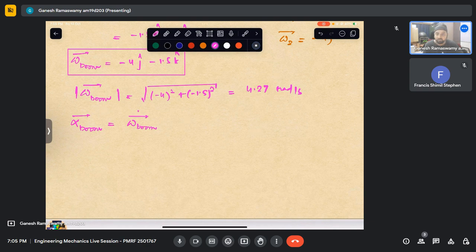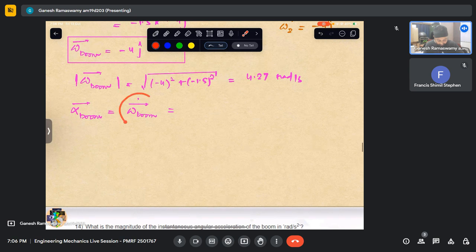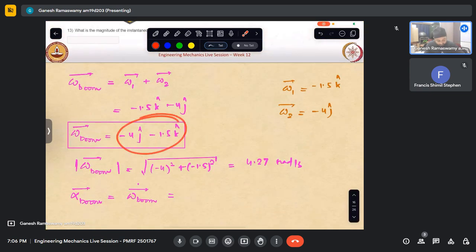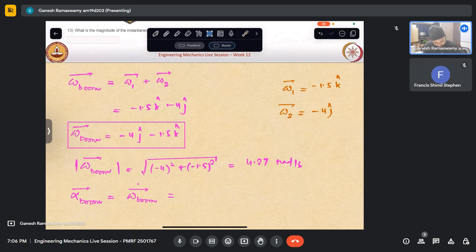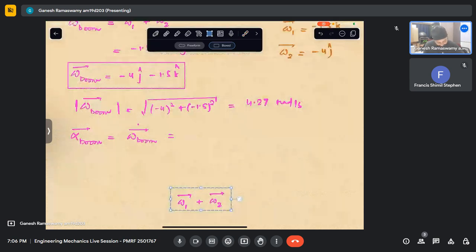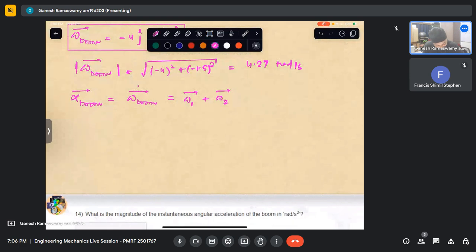Now we should always remember that before doing this, we should always write it as symbols, only then plug in the numbers. Because if we were to differentiate this, we won't consider this as a variable, whereas in the question, it could be a variable. It is not necessary that it is always a constant. This entire thing's time derivative.